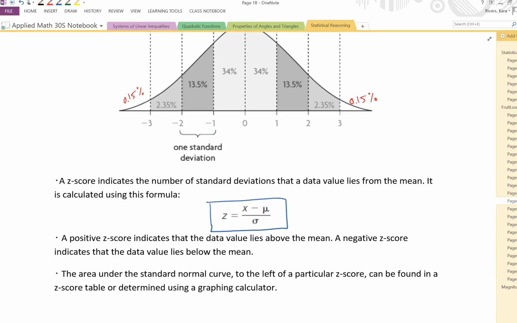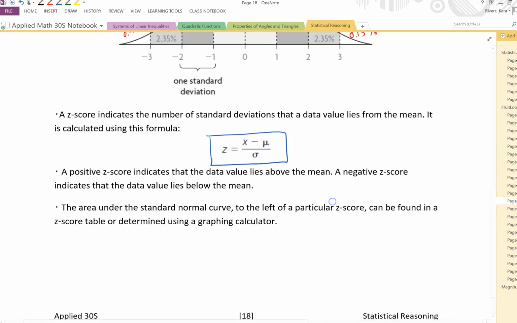The area under the standard normal curve to the left of a particular Z-score can be found in a Z-score table or determined using a graphing calculator. I'm going to show you how to do that. Okay? So when we're looking at this, when we talk about X, that refers to the actual score.